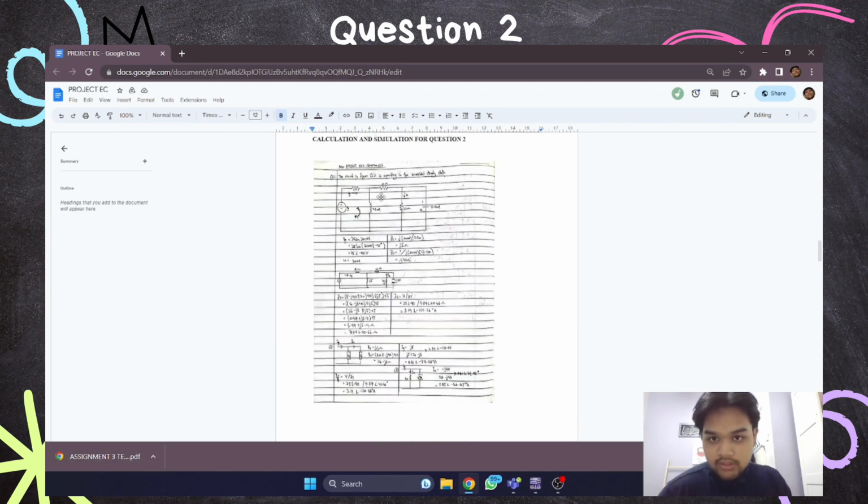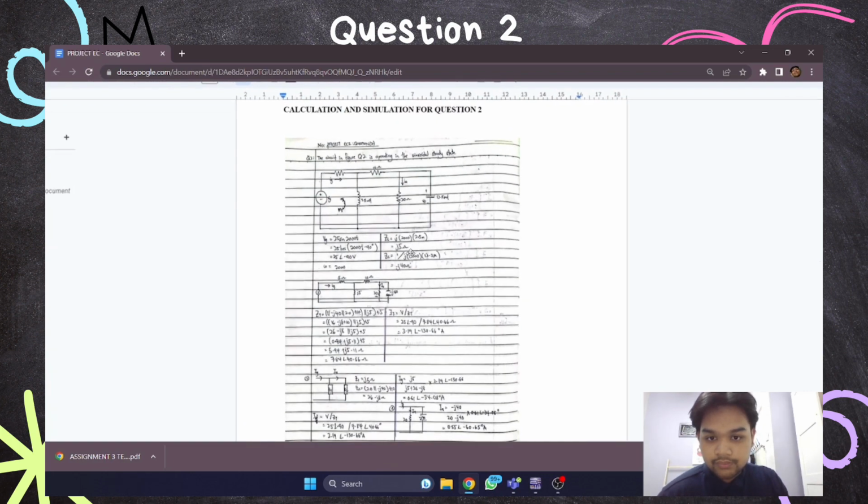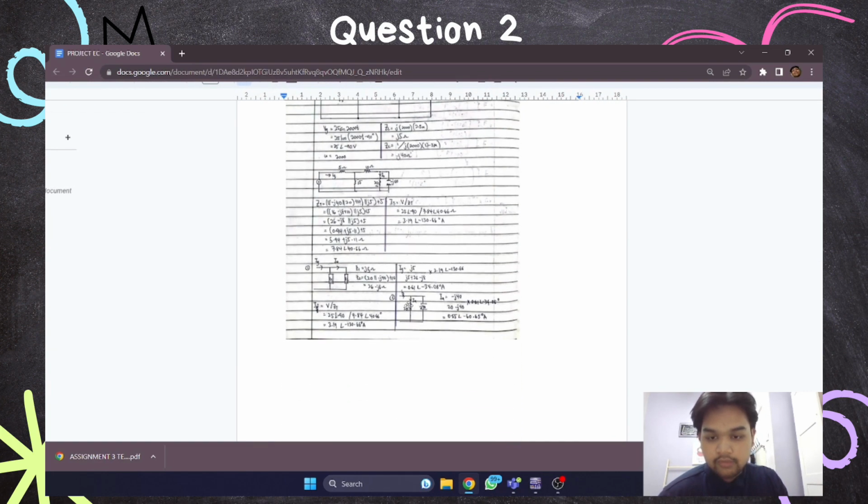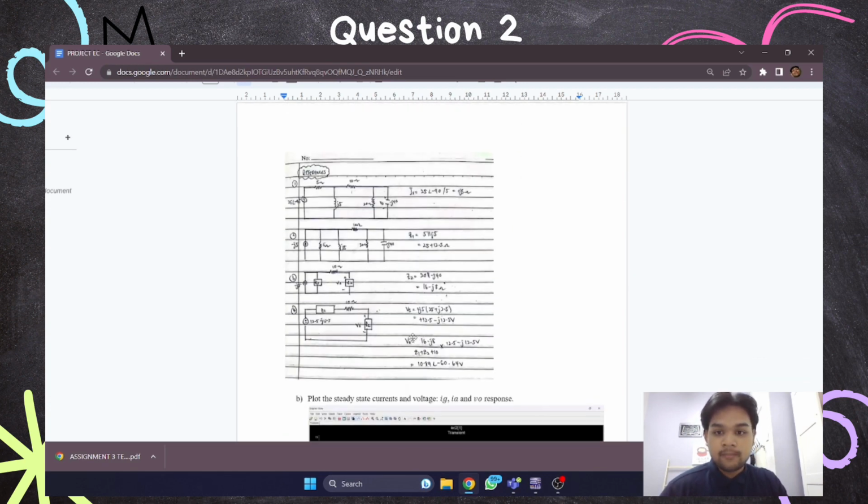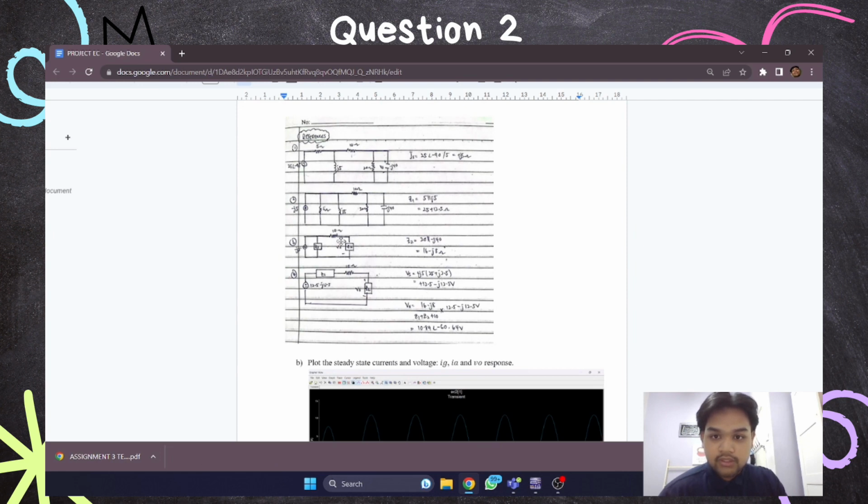As you can see, this is the calculation for question 2, and the value that I get for Ig is 3.19, and for Ia is 0.55. And for the value of V0, after doing the circuit reduction here, I get 10.89.